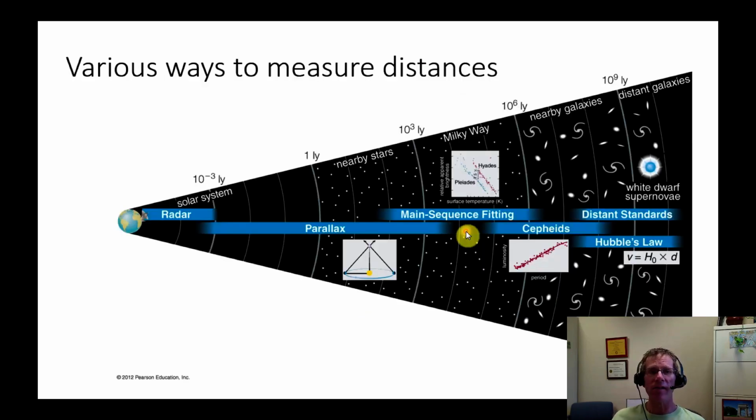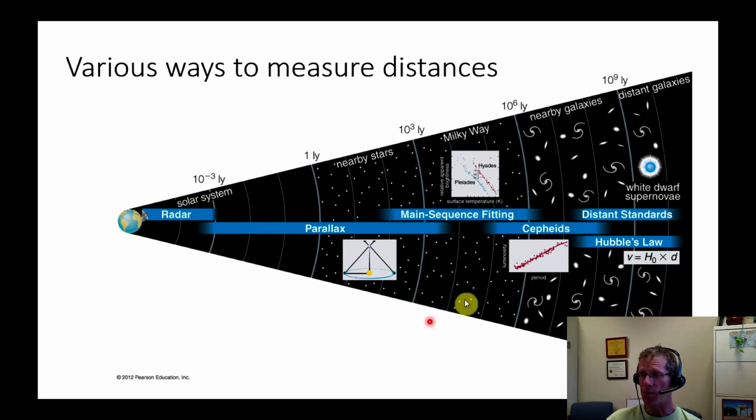So that summarizes most of the ways of determining distances. I didn't mention radar. Within our solar system, we can actually shine a radar beam off of an object. So we've done that for the moon, for Mercury, for Venus. For more distant objects, the radar beam spreads out too much and not enough of it reflects back to us.